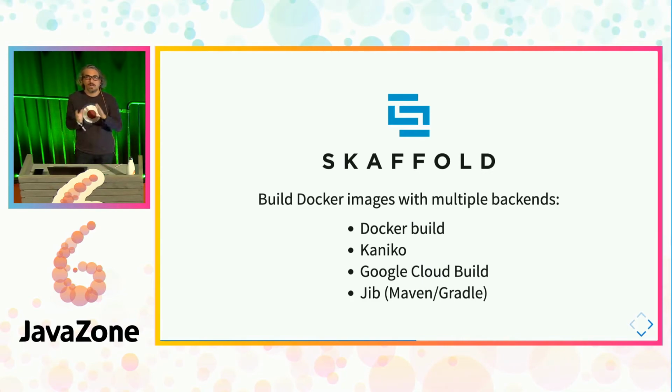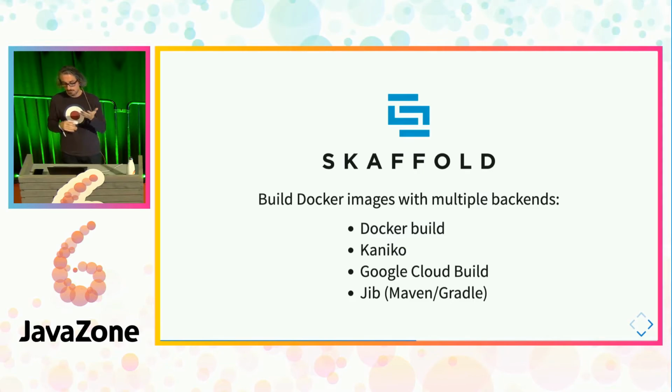So you don't even have to write a Dockerfile, and it will optimize the creation of the Docker image. So if you are a Java person, then that's something you could do.